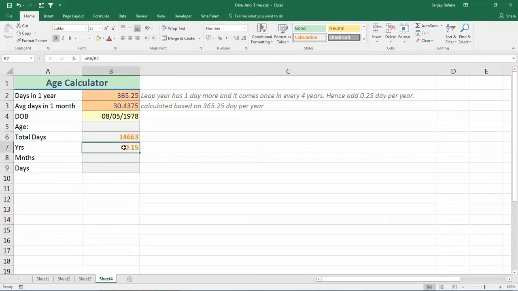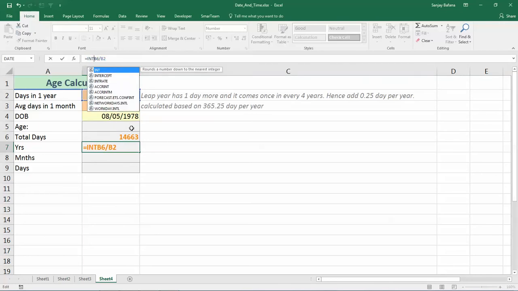If you want the whole number 40, then you can use a formula called INT. Okay, so you use the formula INT, which rounds a number down to the nearest integer. So use INT and use brackets around the division that we are doing to get the number of years.